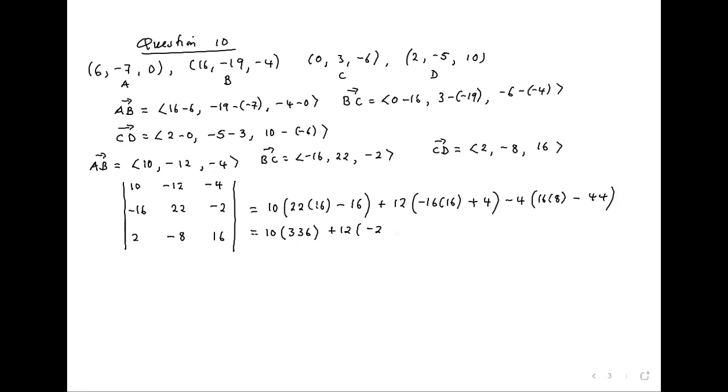Let's just get the whole figure. Negative 256 plus 4, that is negative 252. And then minus 4, 16 by 8 minus 44. That's 84.